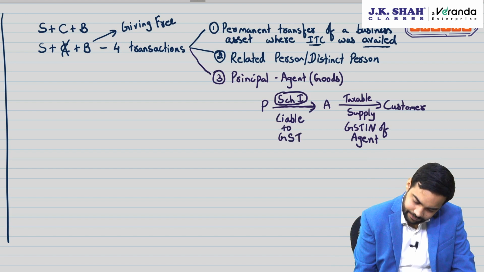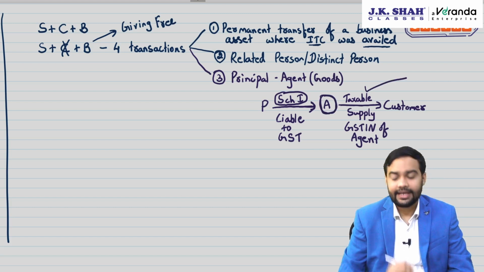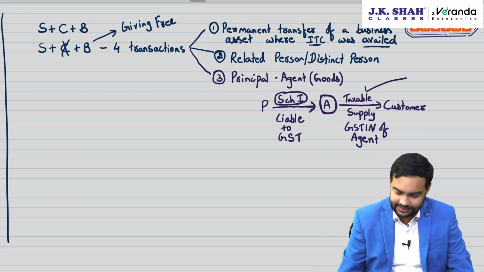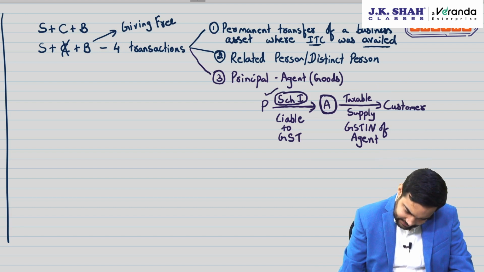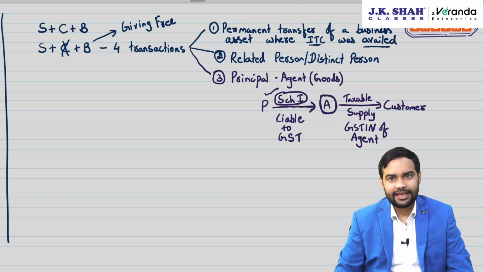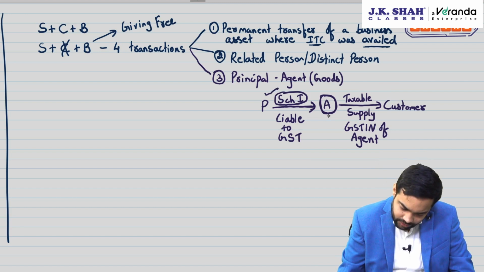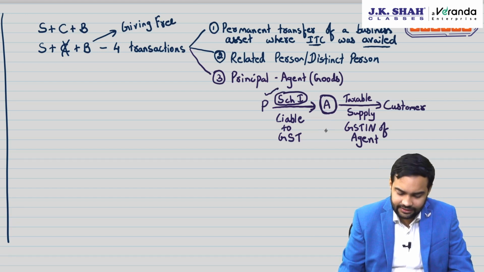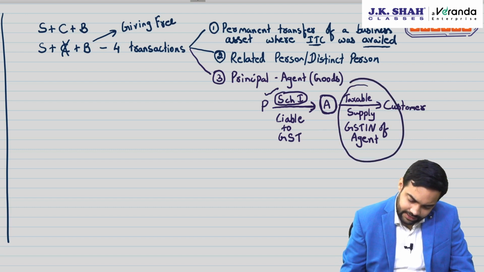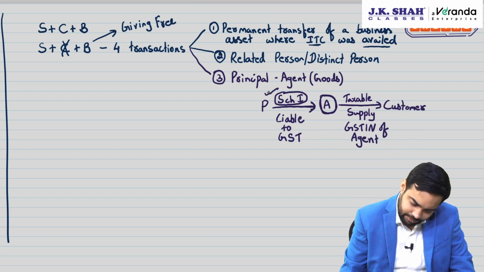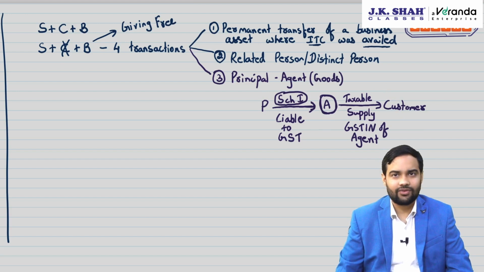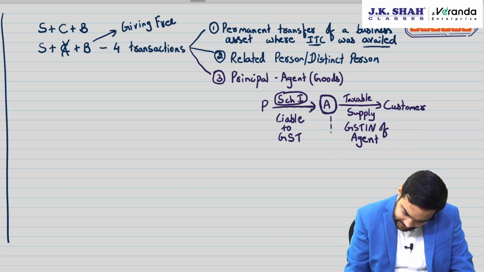Now, be careful about questions which can come in the exam. Agent billing to customer. If you get the question from the angle of agent, this transaction is outward supply for agent, and this transaction is inward supply for the agent. That means if you are computing GST for agent, then this is outward supply and principal supplying it is inward supply for the agent. Plus, agent will raise a commission invoice.